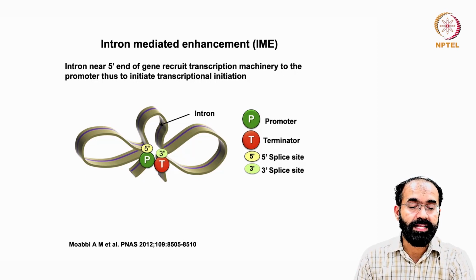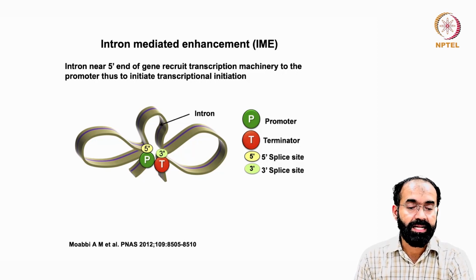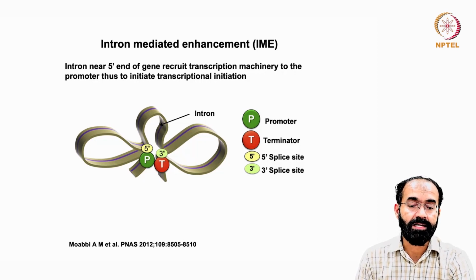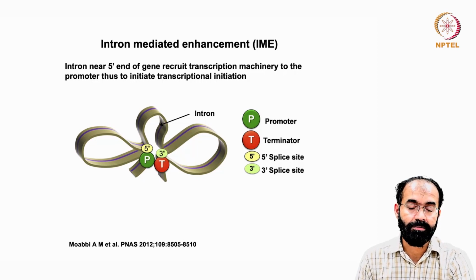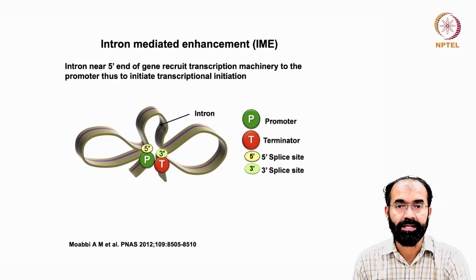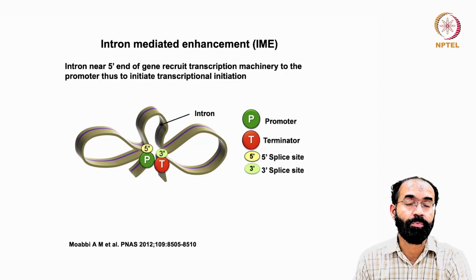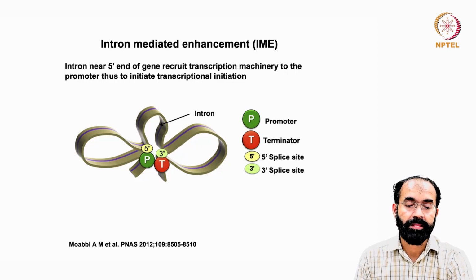The intron near the 5' end of the gene recruits transcription machinery to the promoter, thus initiating transcription. That means the promoter is here and the intron brings in some of the transcription factors. It can bring this machinery close to the promoter site by looping, and that can facilitate the kickstarting of transcription, so the rate of production of the RNA can be influenced.